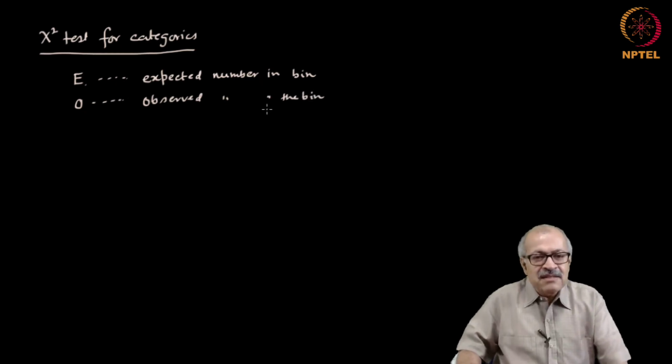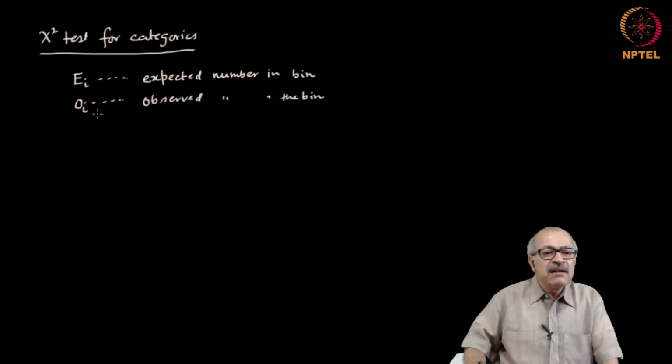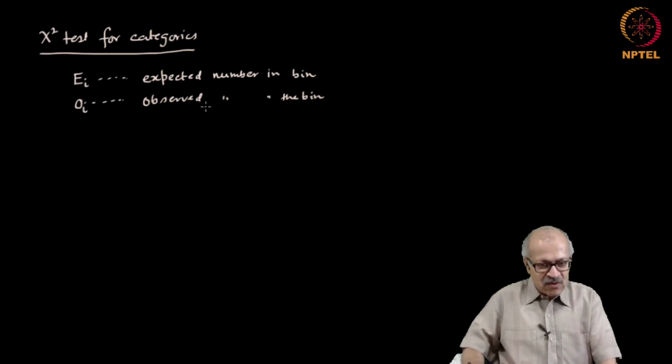And since there can be different categories, this will have to be subscripted by i. So, one can put in one category and then it would be E1 and O1, another category E2, O2, and so on and so forth.